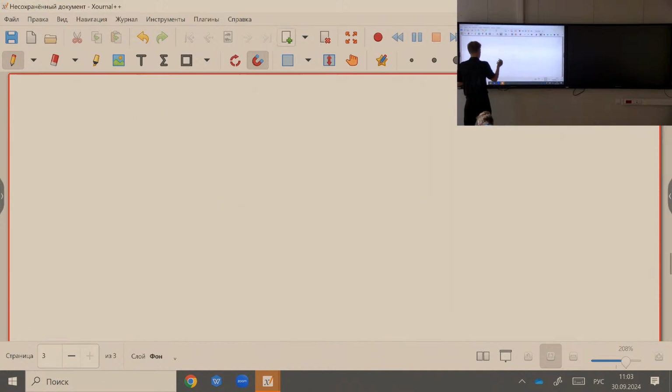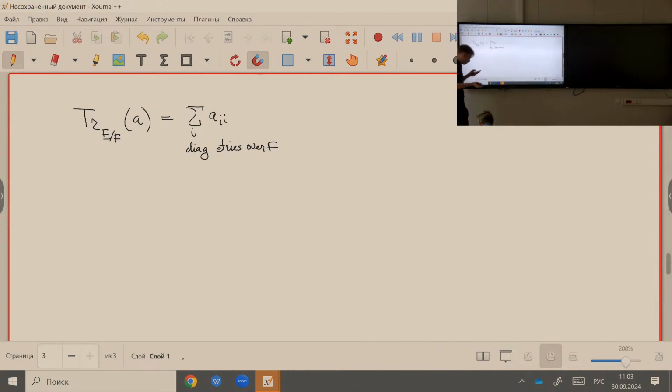So this means that you are now writing down the trace of E over F of A. It is equal to the sum of diagonal entries over F, and this is the sum of matrices.